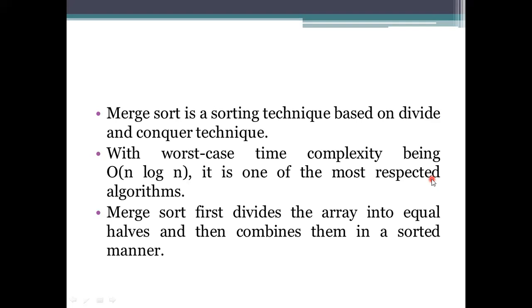If not possible, divide them by the formula we have. This division is the divide technique. After division, we process each part with the principle of the sorting technique, and after that we merge them in a sorted manner only.